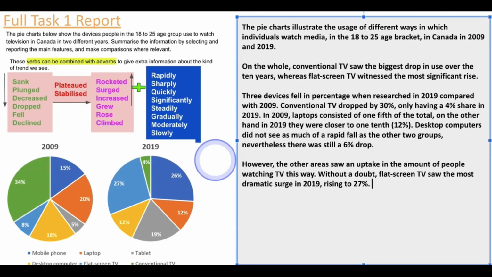Next, we have mobiles and tablets. So tablets are 14% rise. Mobiles is 11. So maybe we could talk about that. Another area which saw an increase of usage was mobile phones.